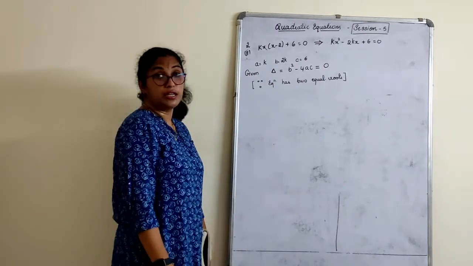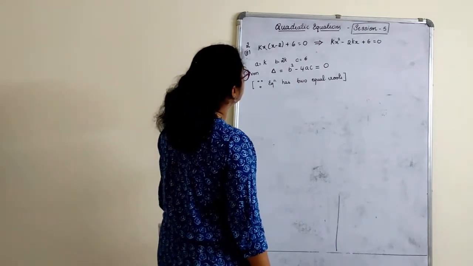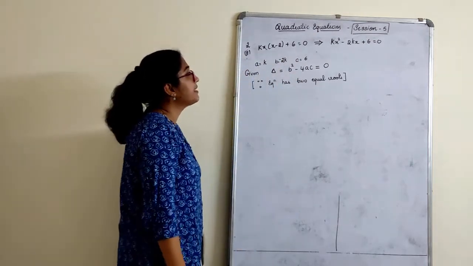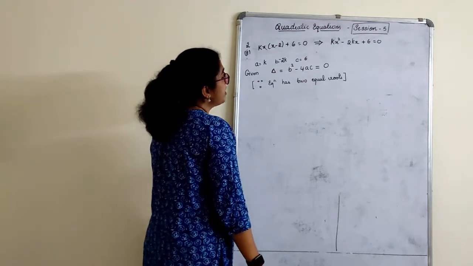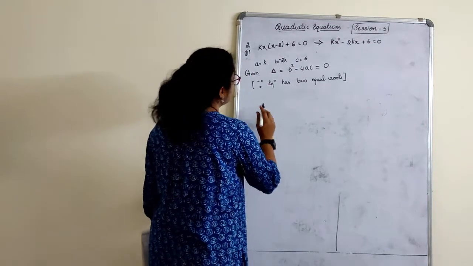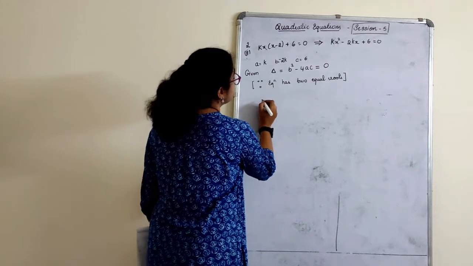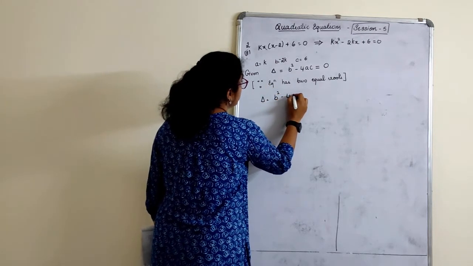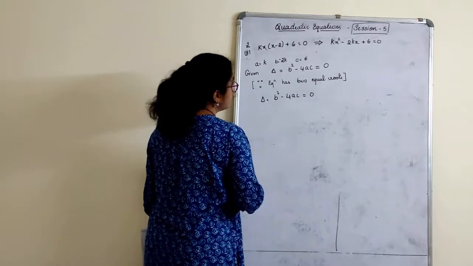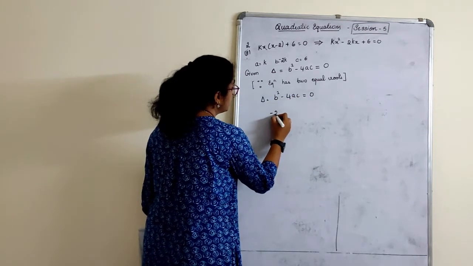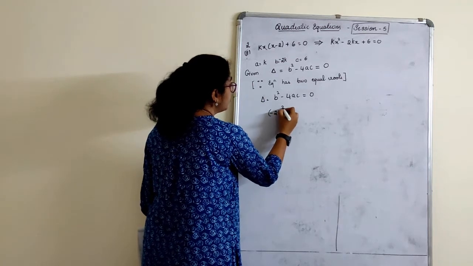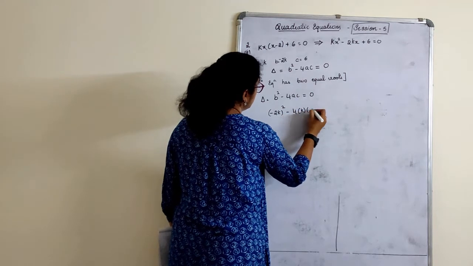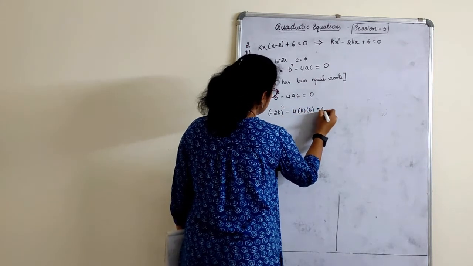b square minus 4ac is equal to 0. Did I go wrong, children, anywhere? Oh, sorry, minus. Be very careful with the minus sign. b square minus 4ac is equal to 0. Let's substitute. Your B value is minus 2k whole square minus 4 into A into 6 is equal to 0.